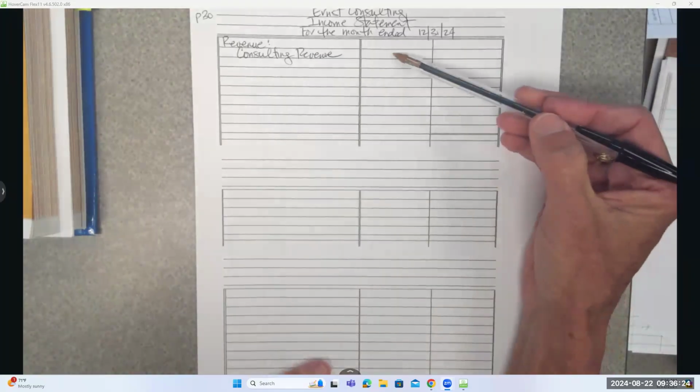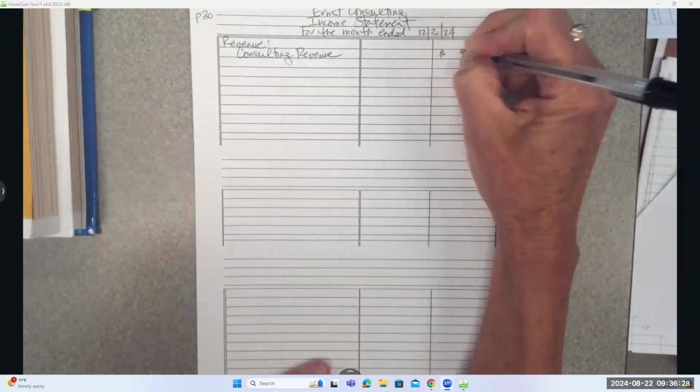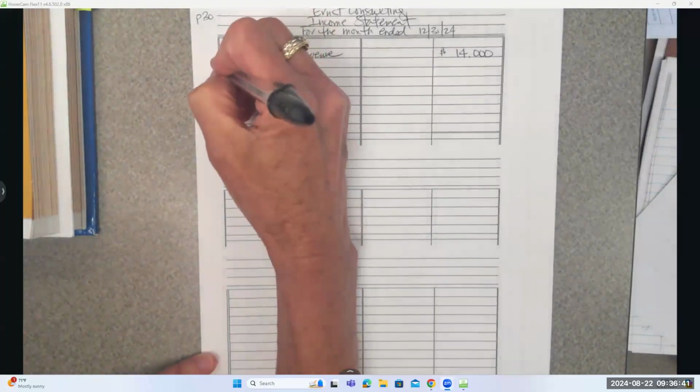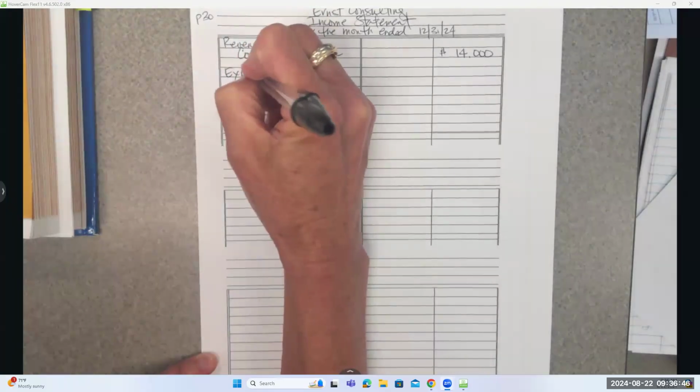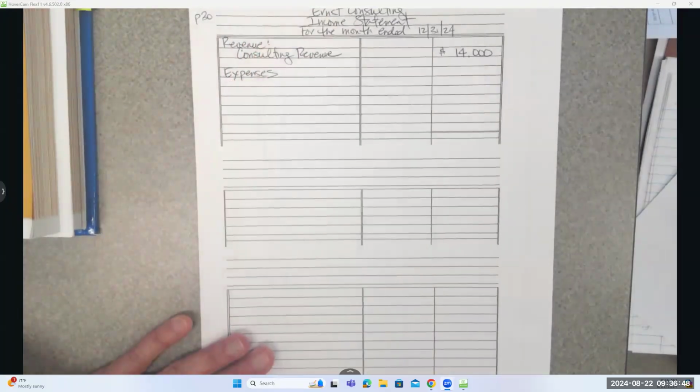Since we only have one source of income at this point, because there's only one revenue account, we don't have to put 14,000 total revenue, 14,000. We can jump straight to the total column and put our total revenue, dollar signs at the top of each column and at the double underline, putting it on every number tends to start looking crowded.